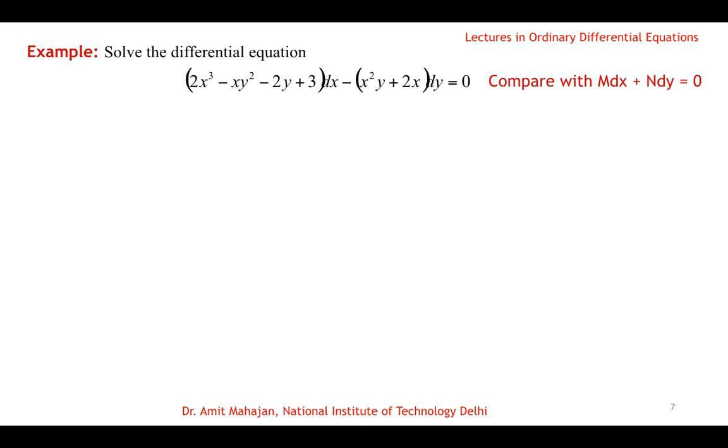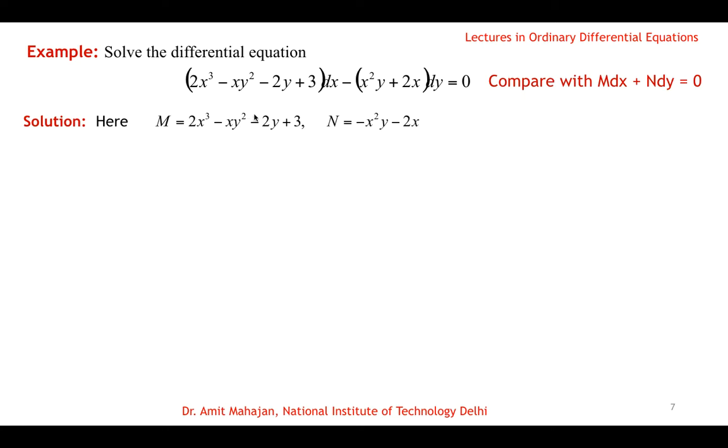Say for example, solve the differential equation (2x cube minus xy square minus 2y plus 3) dx minus (x square y plus 2x) dy is equal to 0. Okay, so first if you compare with m dx plus n dy equal to 0, then you can easily recognize that m is the coefficient with dx, so m is this whole quantity 2x cube minus xy square minus 2y plus 3, and n is this whole quantity with negative sign, minus of x square y plus 2x.